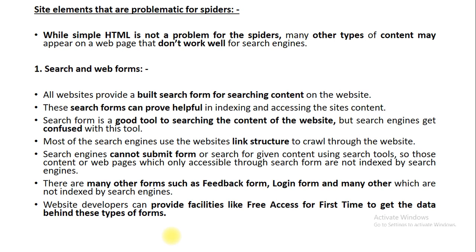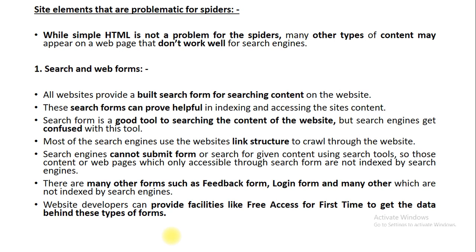So all the websites which provide a built-in search form for searching content on the website. See, many of today's websites give you the facility of searching the content on the website, right? So when you search for a specific content within the website, it may be a problem for the spider. Why? Because that content is hidden from the spider.